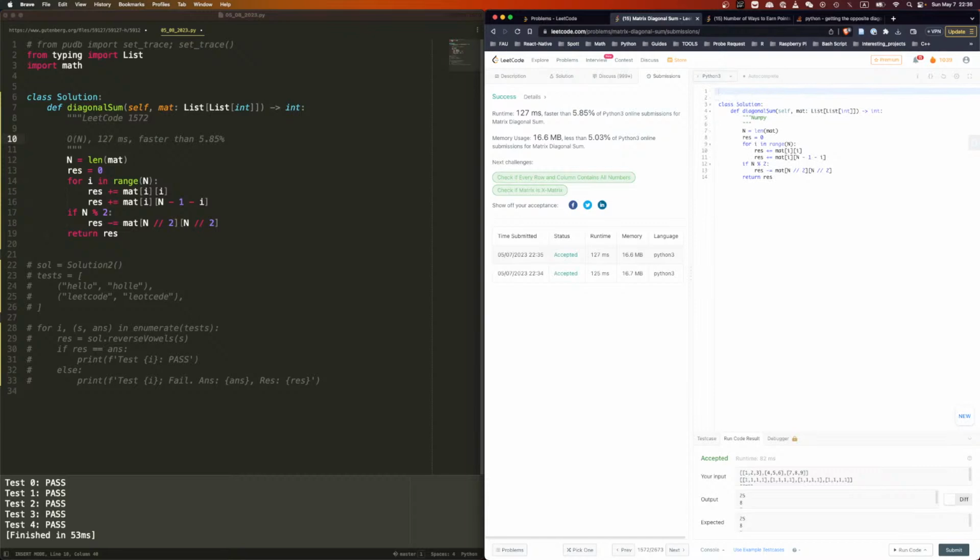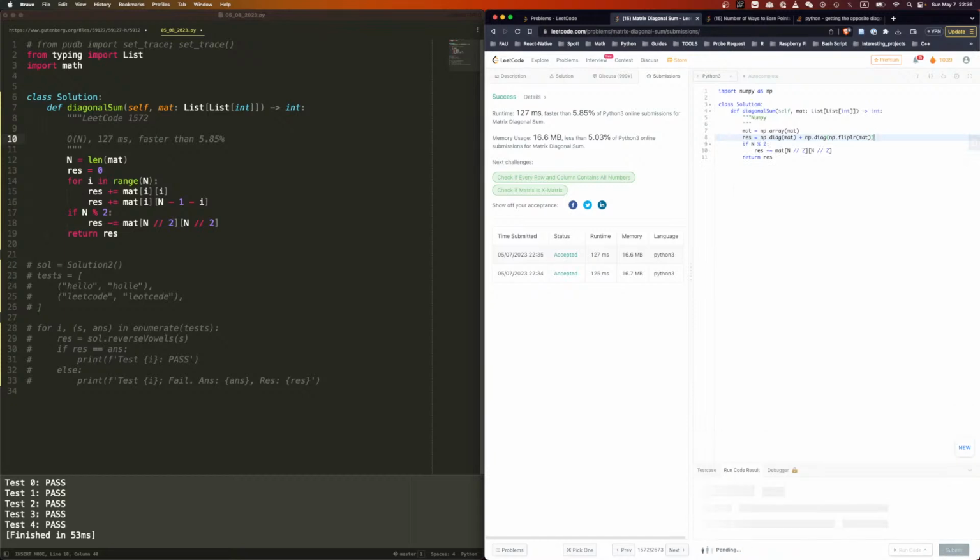So let's say import numpy. We can say res equals numpy.diag(numpy.array(mat)) plus numpy.diag, we're gonna flip it, and then if this is right. n is not defined.